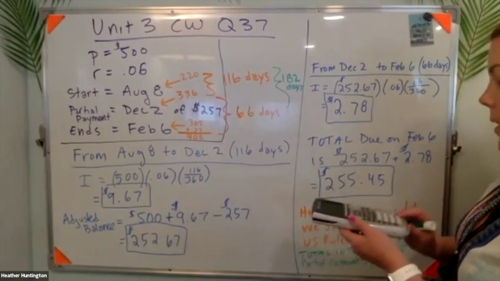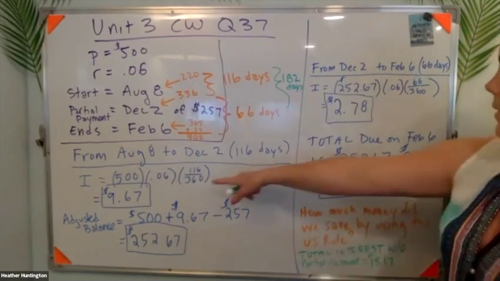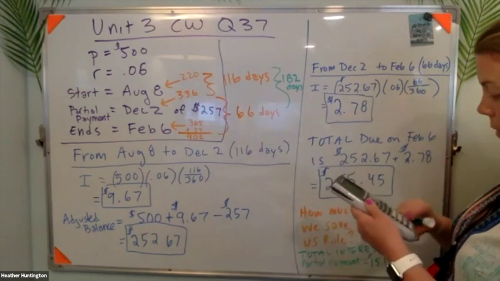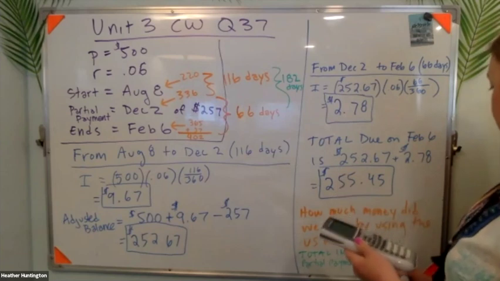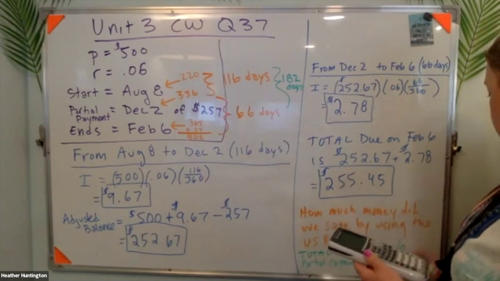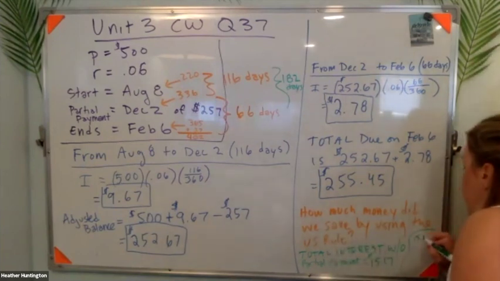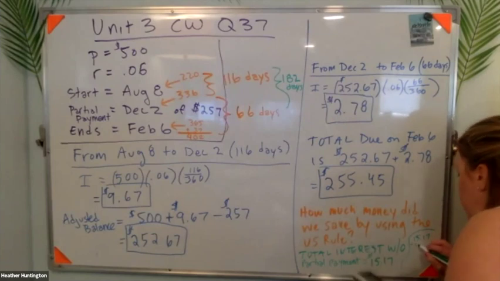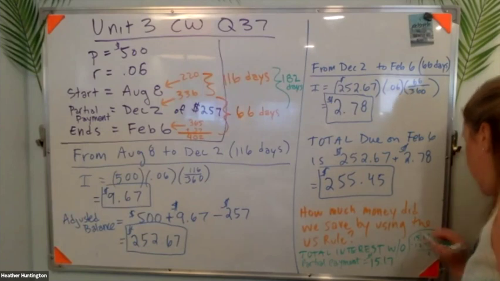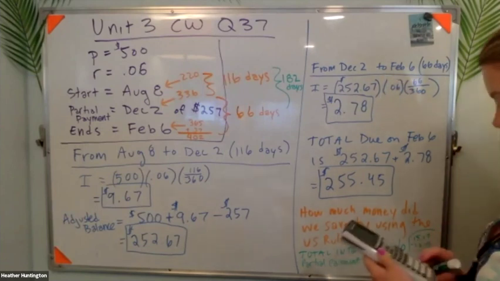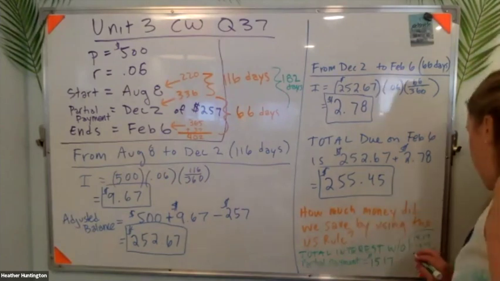Well, how much interest did we end up paying? So I get 9.67 plus that first amount, and then plus 2.78. That's $12.45. So we're going to do 15.17 minus 12.45, and we get 2.72.